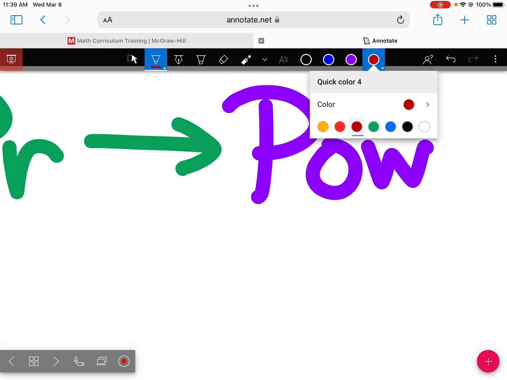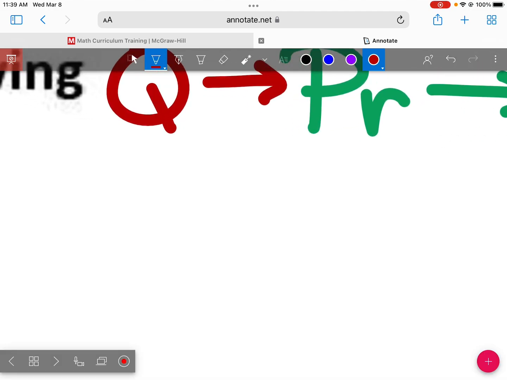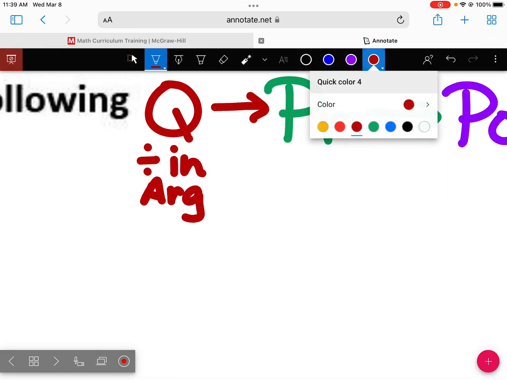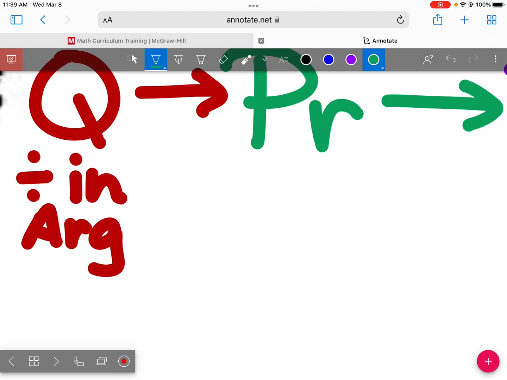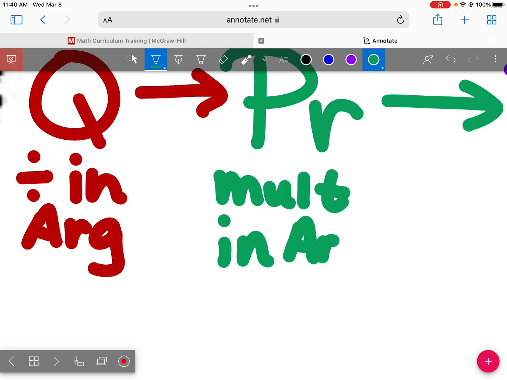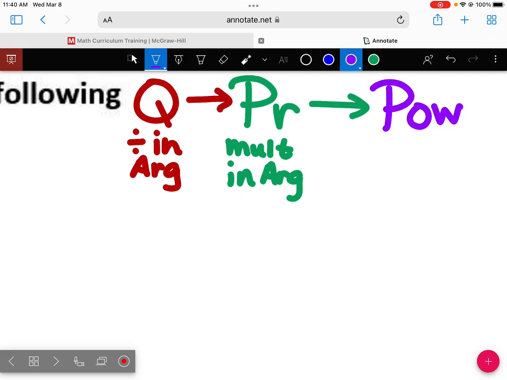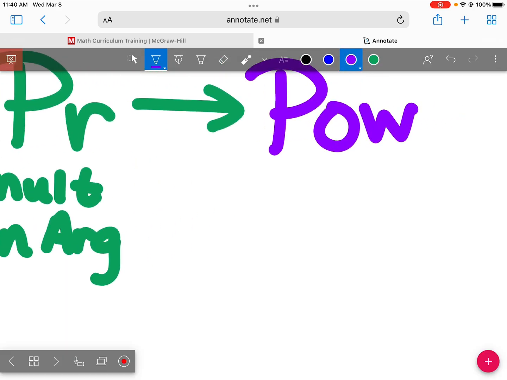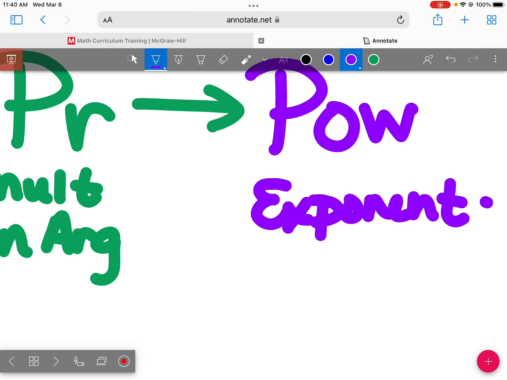How do I know if I need to use the quotient property? If there's division in the argument. How do I know if I need to use product property? If there's multiplication in the argument. How do I know if I need to use the powers property? There's exponents in the argument.